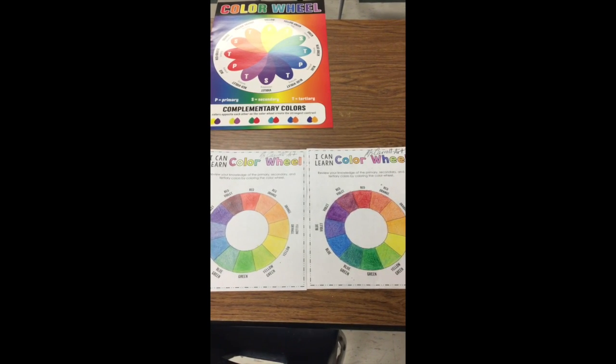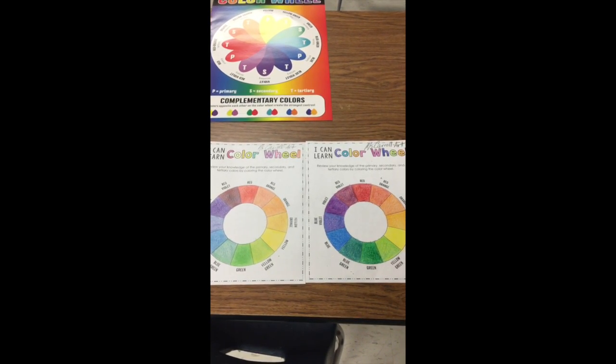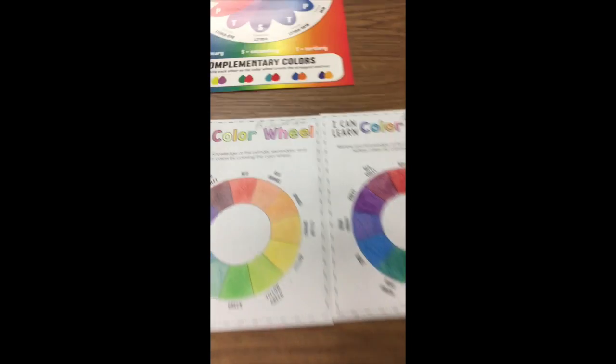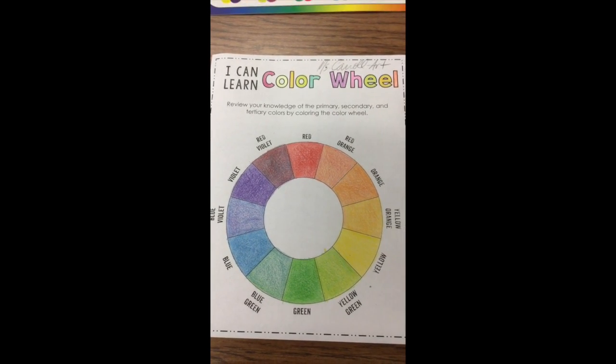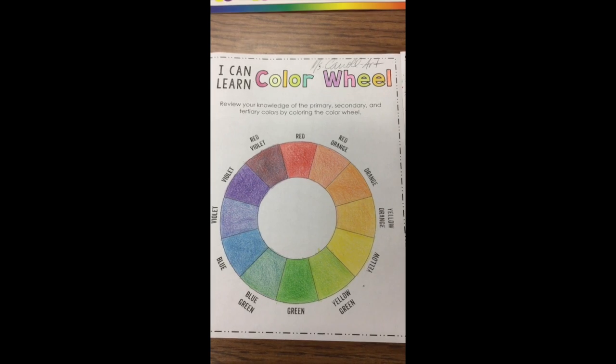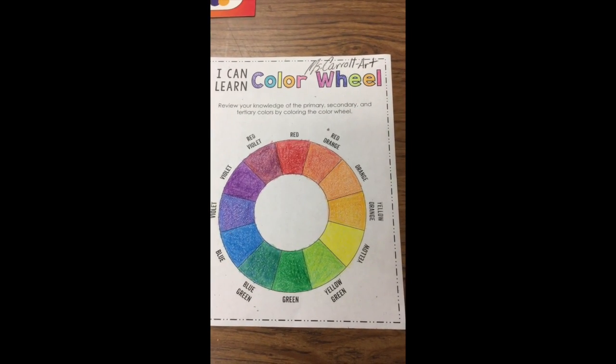Okay guys, here are both of our color wheels done, and hopefully you can see the difference between the two. You can see how the color pencil one is a little bit softer and doesn't have as much sheen to it. It's very apparent in person.